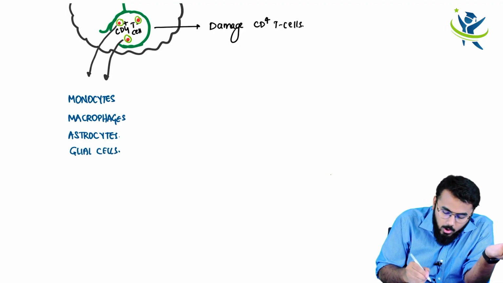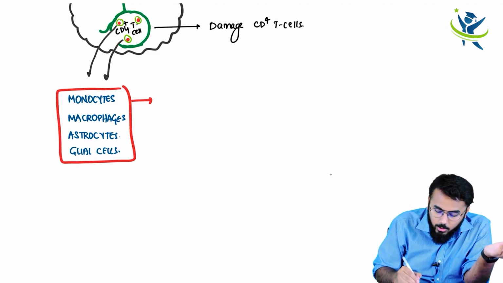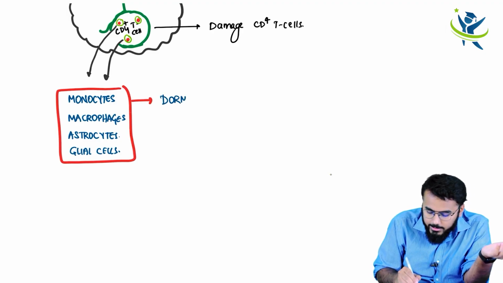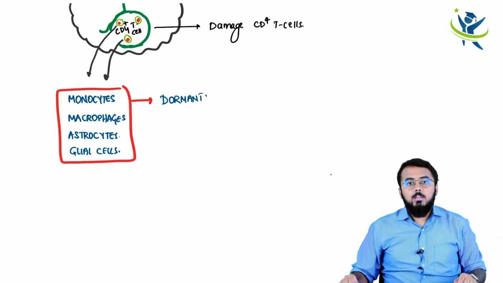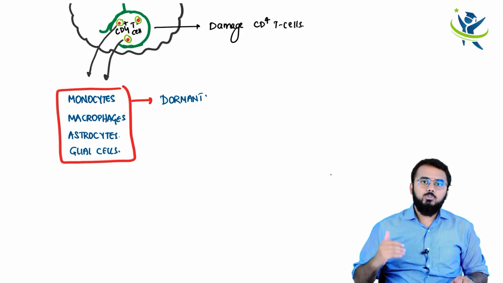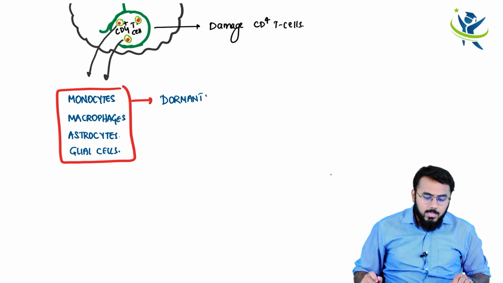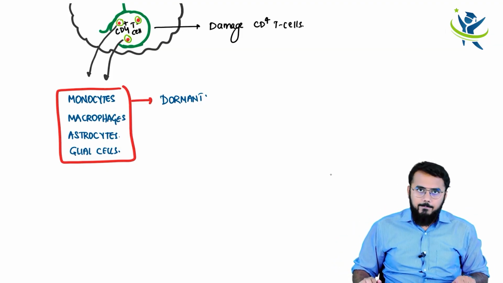So they can go to all these places. And what will happen? They undergo dormancy there. They become dormant at these places. They sleep. They don't cause any kind of infection. But the moment your immune system is weak, the moment this virus notices that your immune system is becoming weak, again they'll wake up from this dormancy state and they start attacking your body.